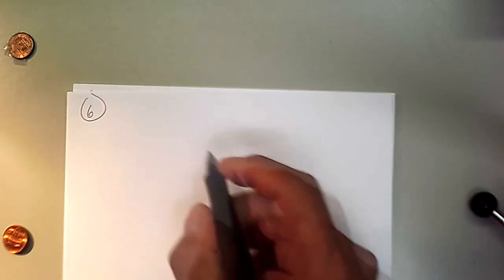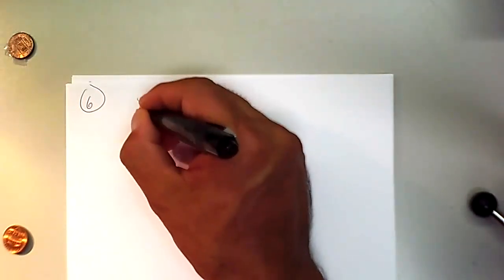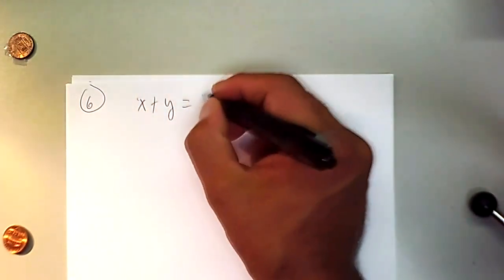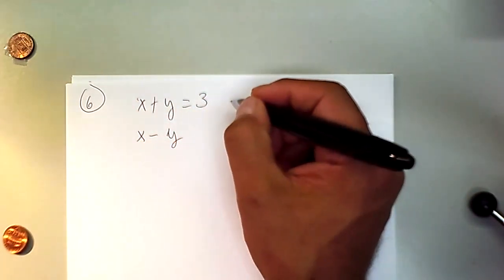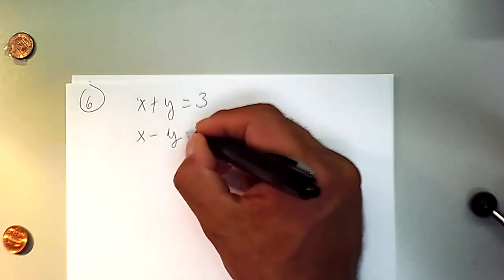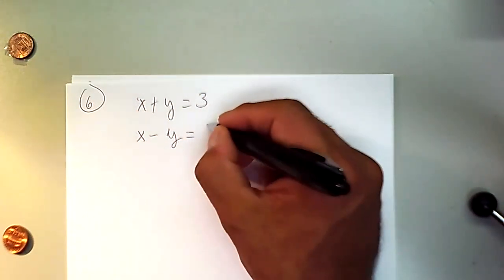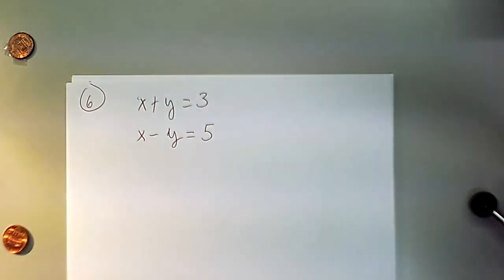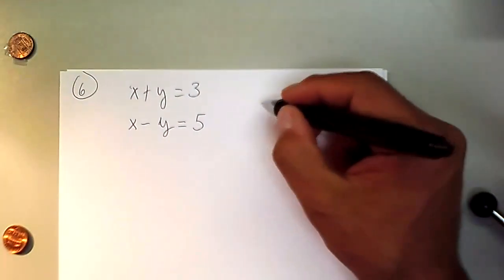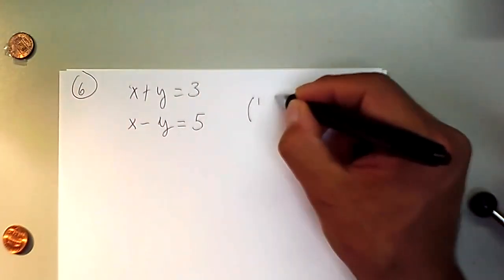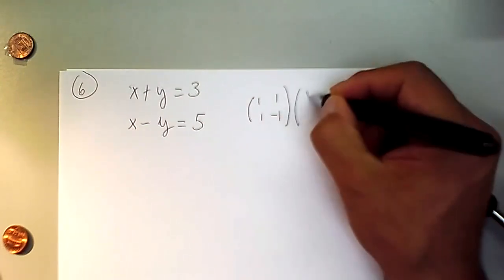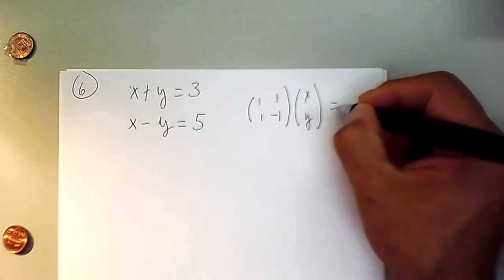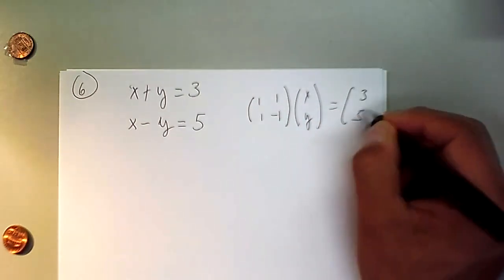Okay, so let's do x plus y equals 3, x minus y equals 5. By the way, the matrix representation of that is [1, 1; 1, -1] times [x, y] equals [3, 5].